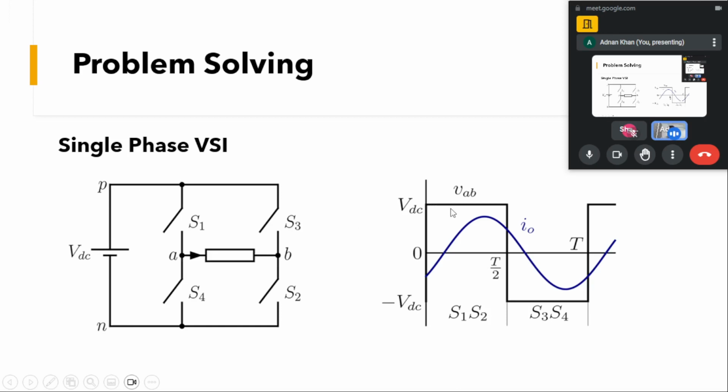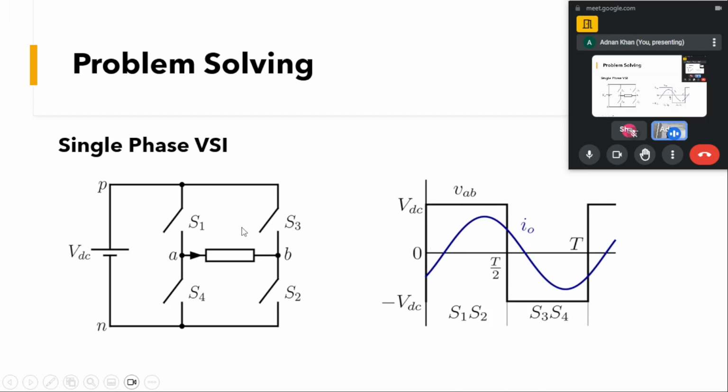We will get a voltage VAB equal to VDC, as you can see here. And when S3 and S4 are turned on, the B point is at a positive potential and the A point at a negative potential. That means VAB will be equal to minus VDC. As you can see, this VDC is a stiff voltage, that means it cannot change, and whenever we do switching in this position, we will get a similar kind of waveform, VAB.